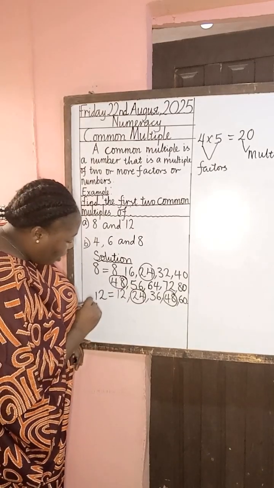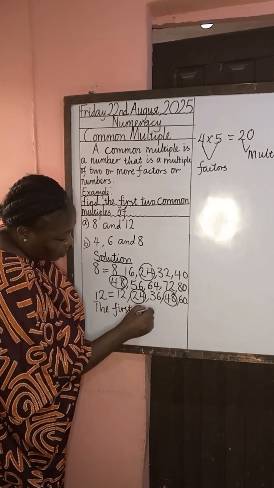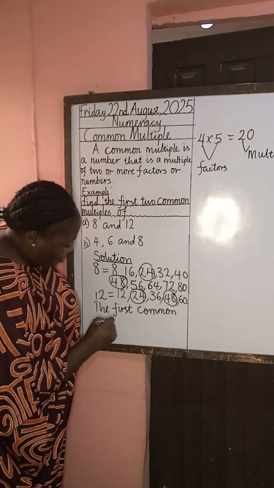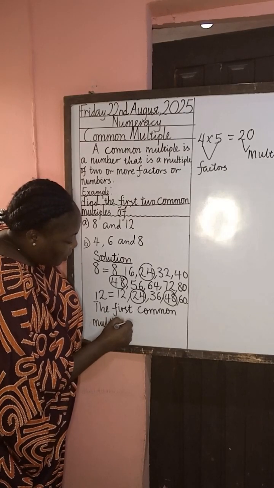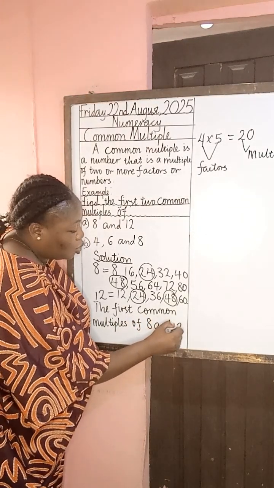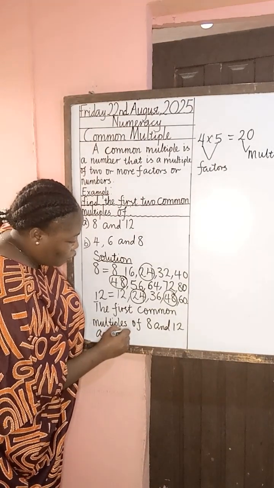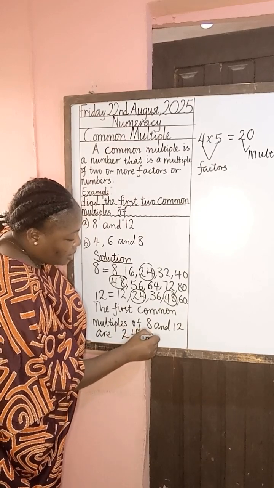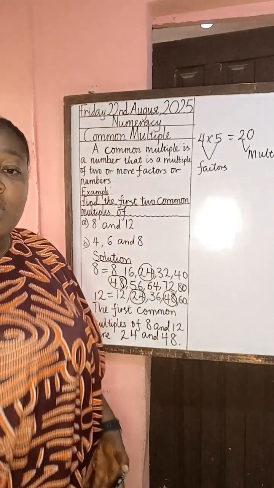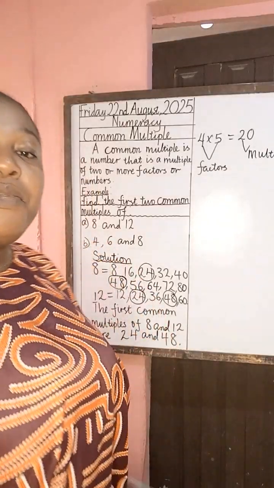So the first two common multiples of 8 and 12 are 24 and 48.